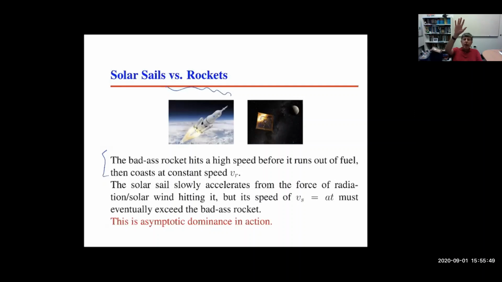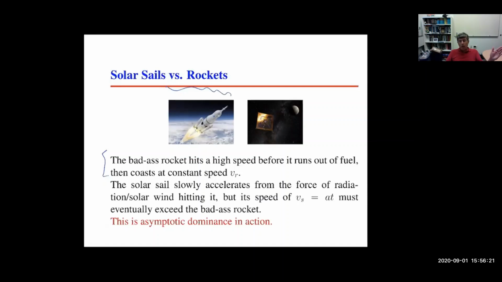If you have this sail, there's always going to be a force on that sail, and that force is going to push the spaceship faster and faster and faster. It starts out doing nothing. The force of this solar wind is very, very light. I've heard it's like the gravitational force on a sheet of paper. But one force gives acceleration, so it's going to keep getting faster and faster.